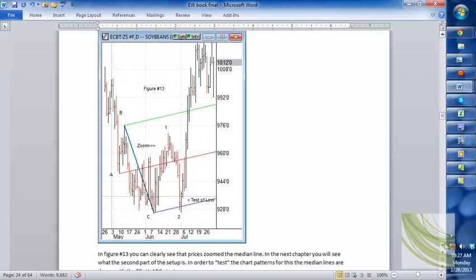Now, what's really a big deal is that after prices make an ABC of some kind, and then they zoom through the ML and retrace back, where they test the low but don't go past it, they will often go further in the original direction.